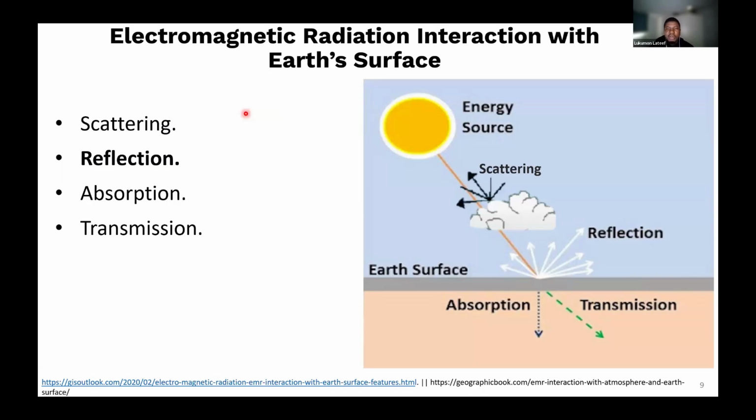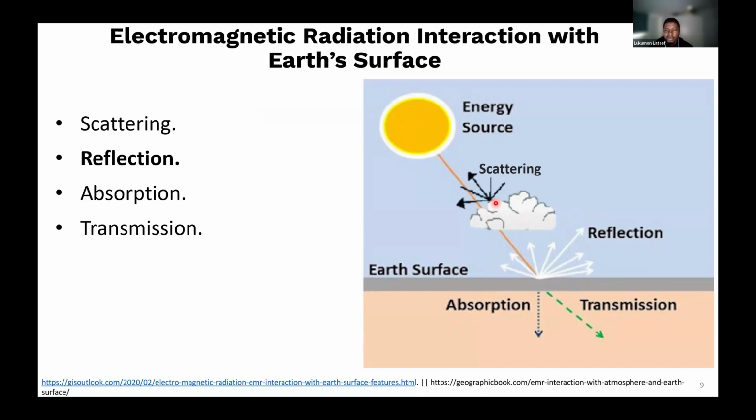So we talk about radiation, but like I mentioned, the radiation passes through several layers of the atmosphere, and there are several processes that happen. Once the energy is coming from the sun, there are clouds and gas molecules and particles in the atmosphere. Depending on the wavelength, like I mentioned earlier, parts of the wavelength can be scattered if the gas molecule is much.